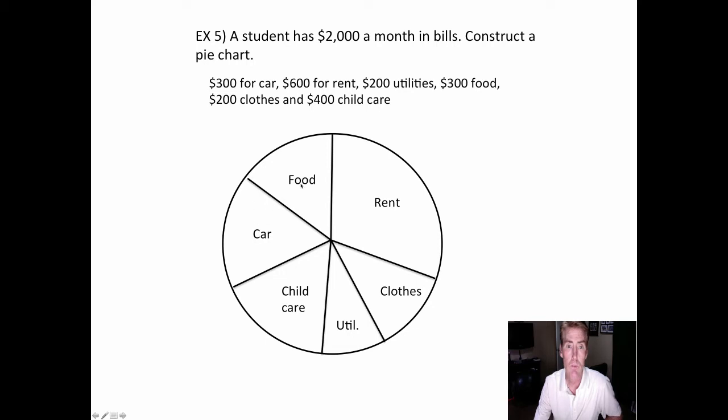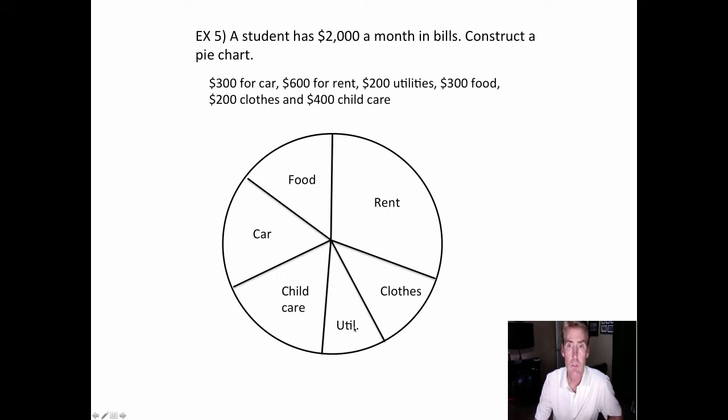So then I split that for the food and the car, 300, 300. And then for the child care, I tried to make it look a little bit bigger than the car because it's 400. And then these two, the space that was left, I tried to split it evenly because they're 200 apiece.